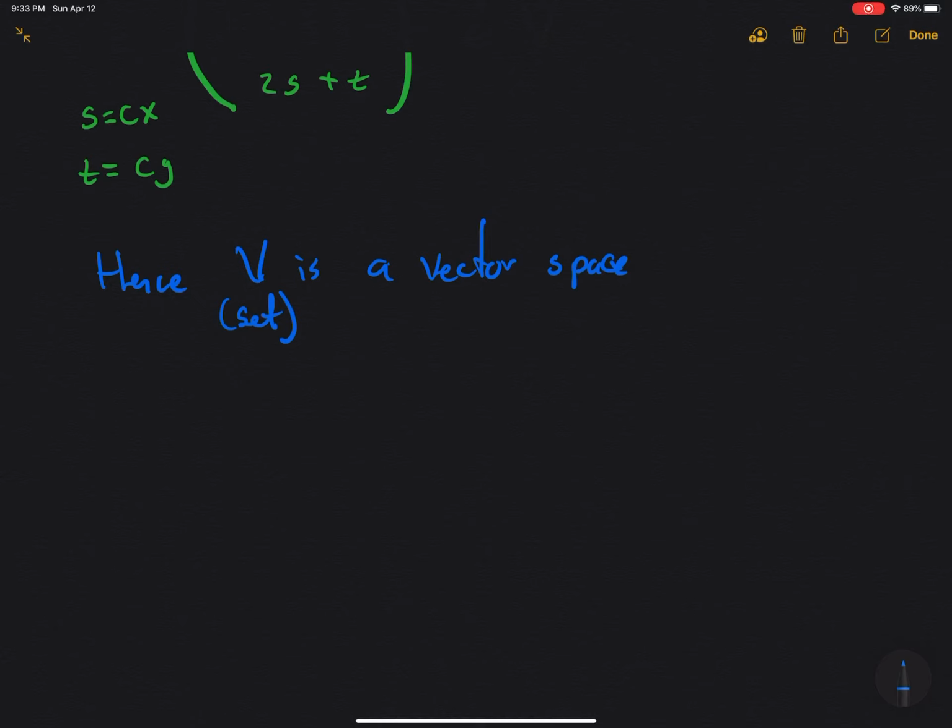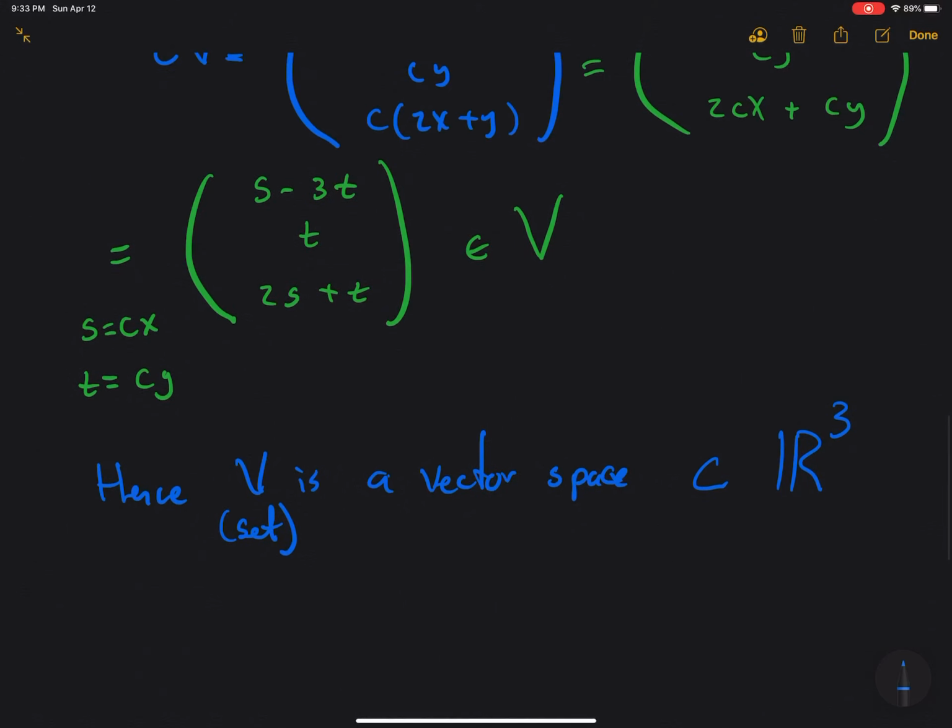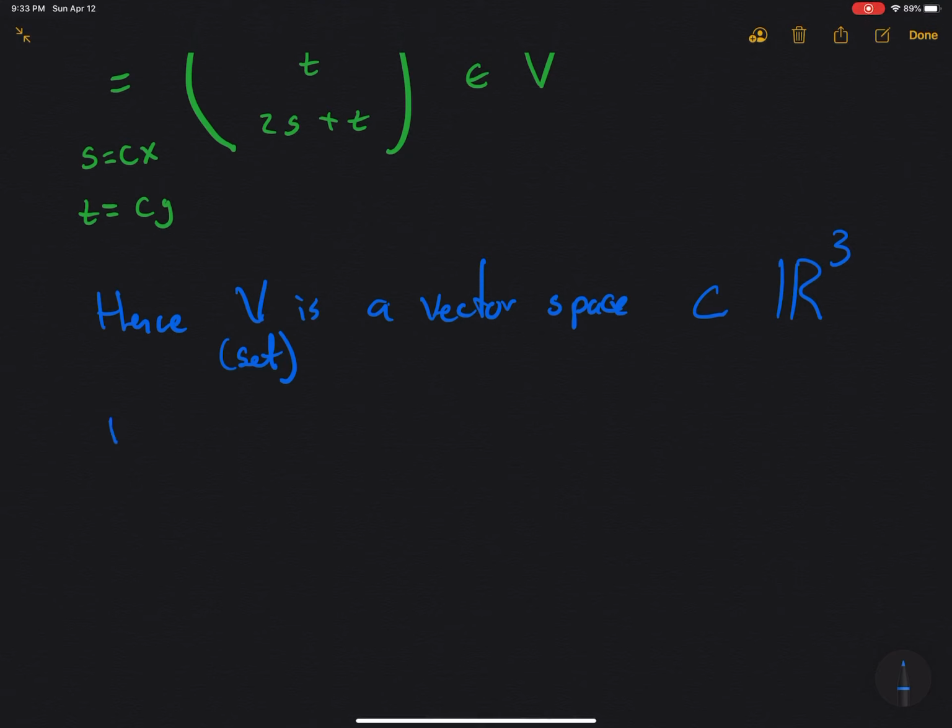Now, this vector space lives inside of R3. And we can see that because all these vectors are three-dimensional vectors. They have three components. So just a different way of saying things, we say that V is a subspace of R3.